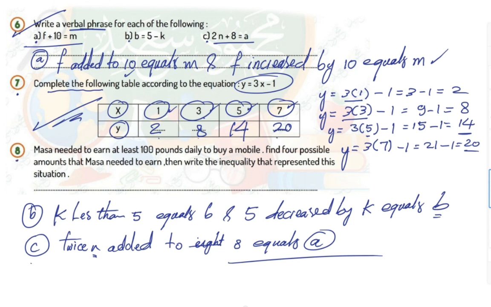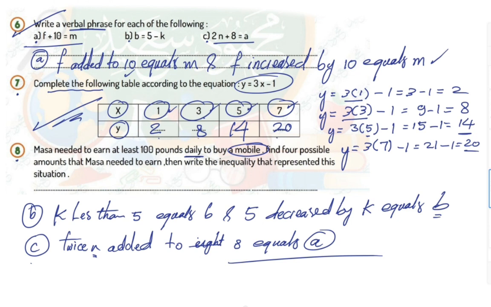Last point we have: Massa needed to earn at least 100 pounds daily, every day, to buy a mobile. So Massa needs to buy a mobile, but to buy it she needs to have in her pocket at least 100 pounds. What is the meaning of at least? She can earn 100 or more than 100, not less than 100.